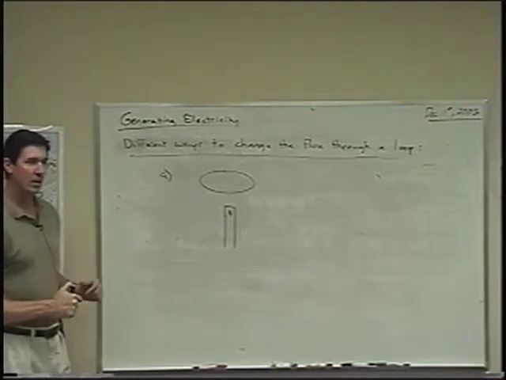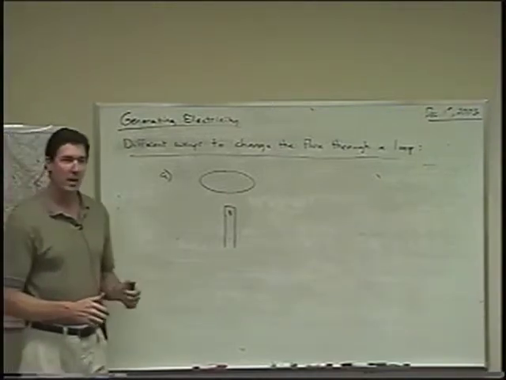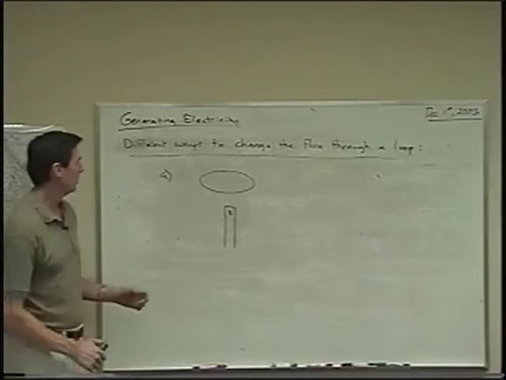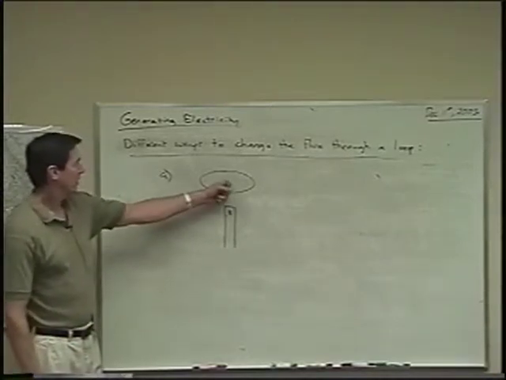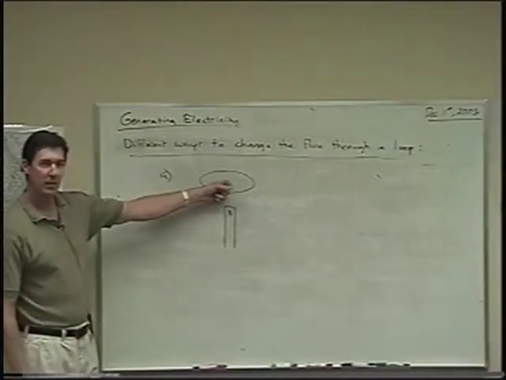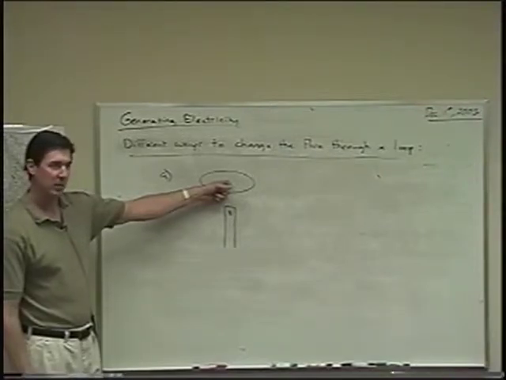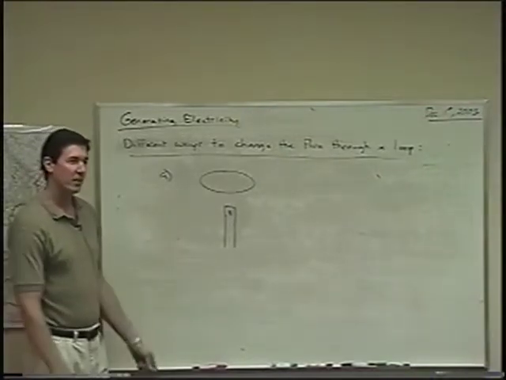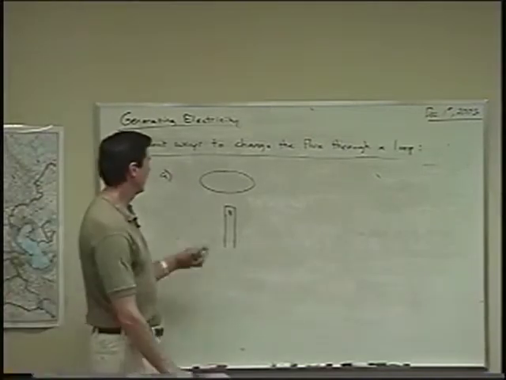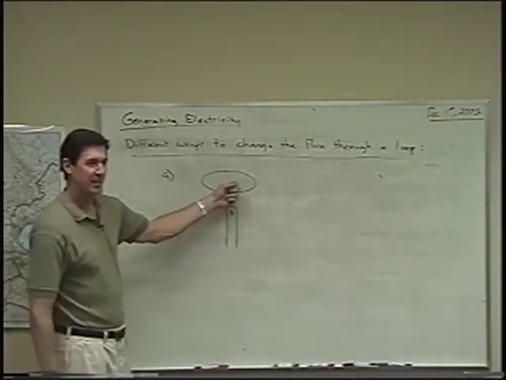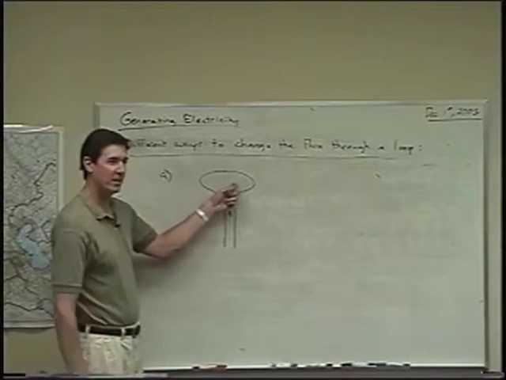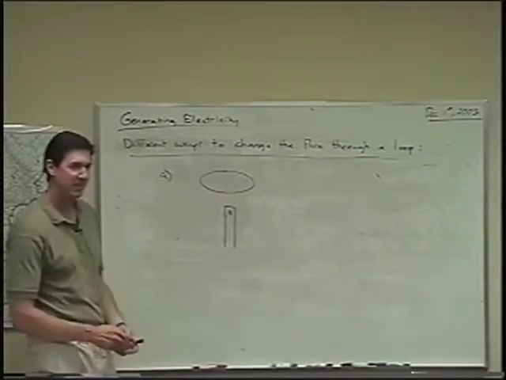Now, one obvious way to change the flux through that loop, well, somebody tell me. JJ, if you wanted to generate a current in this loop, what would you do?